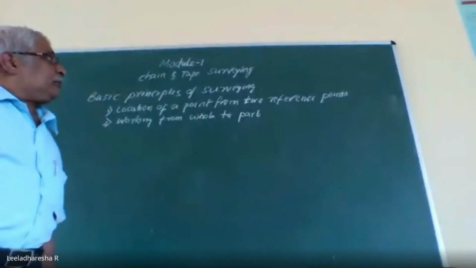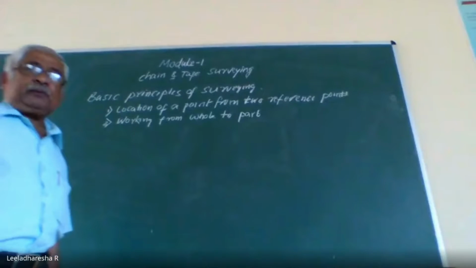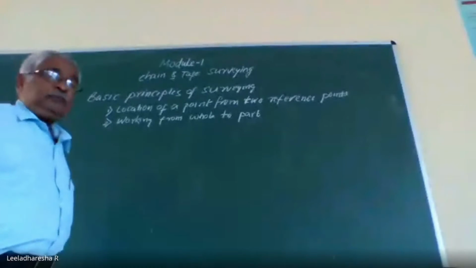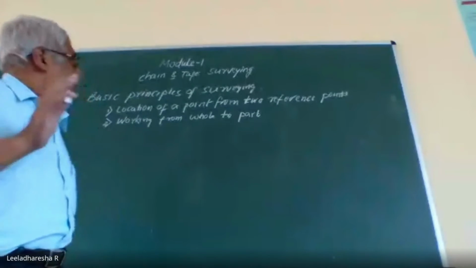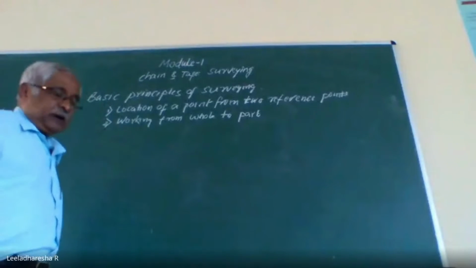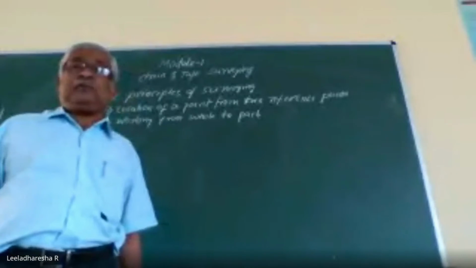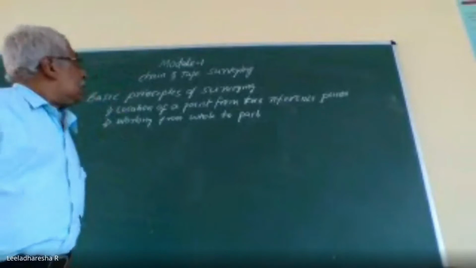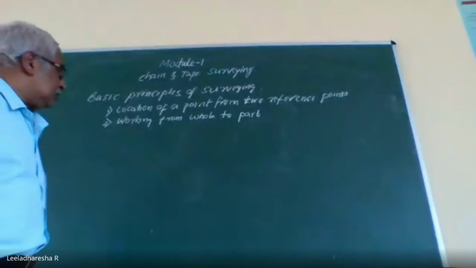One is location of a point from two reference points which are permanently present in the site. And the second principle is called working from whole to part. So coming to the first principle, what is the importance of location of a point from two well-defined points?